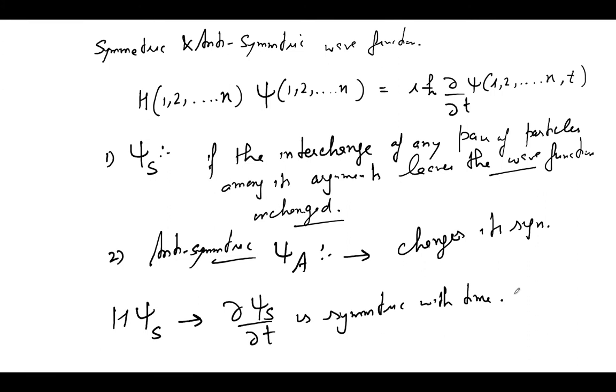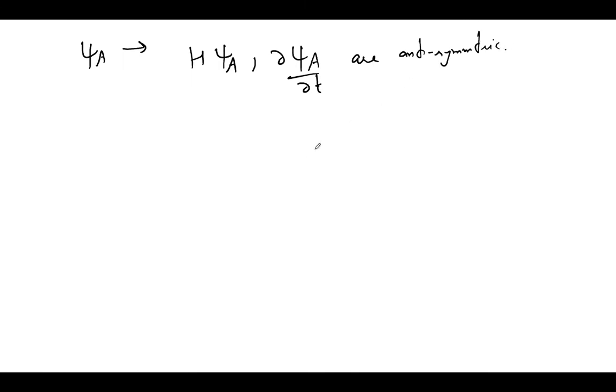Similarly, if psi a is antisymmetric at any time t, then H psi a and partial psi a over partial t are also antisymmetric, and the integration of psi a also shows that it is antisymmetric.